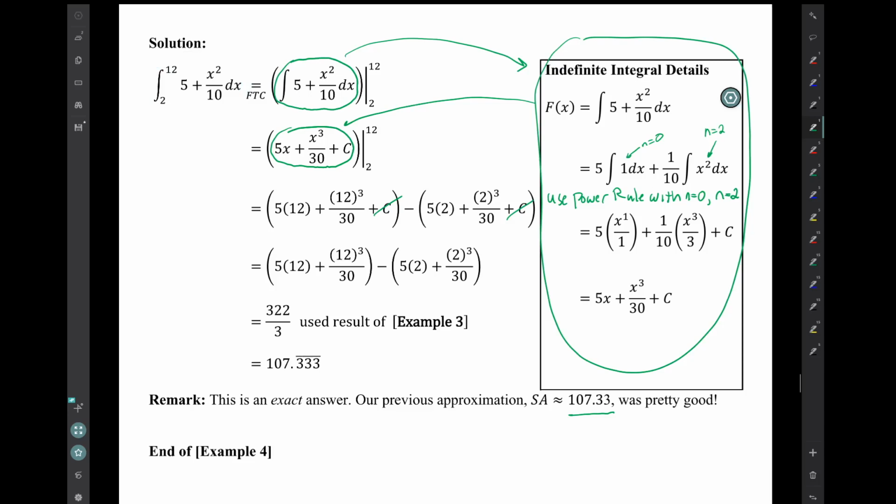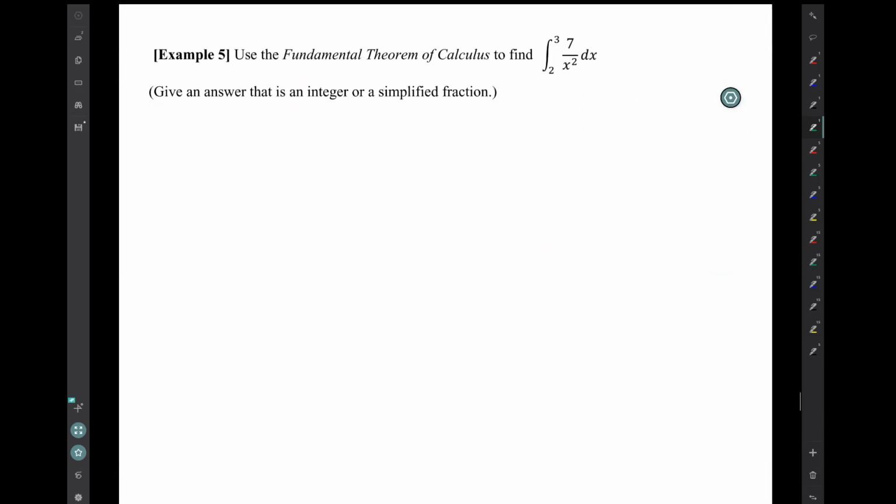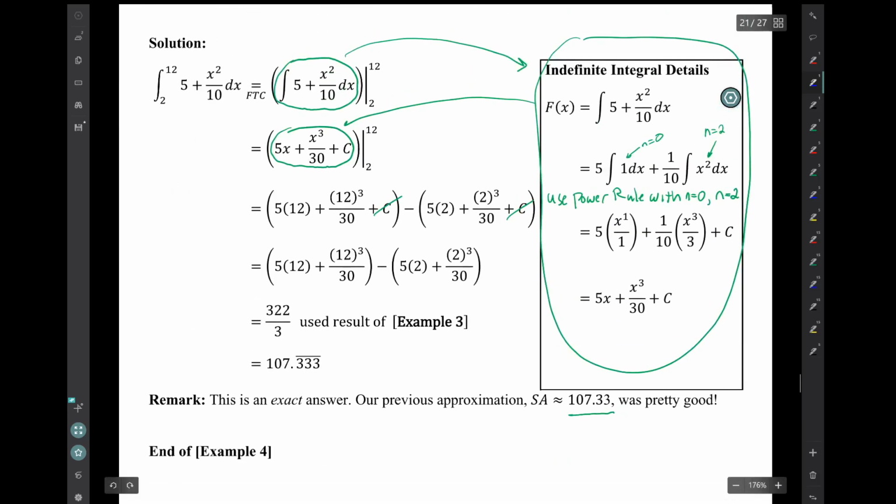Let's go on. For our next example, we are supposed to use the fundamental theorem of calculus to find this definite integral. Well, we'll use the same format that I used in that example.